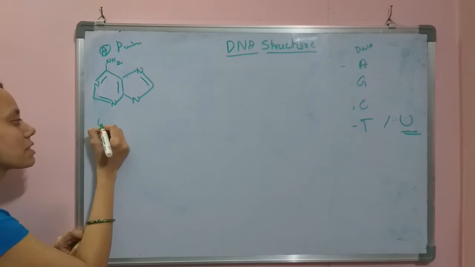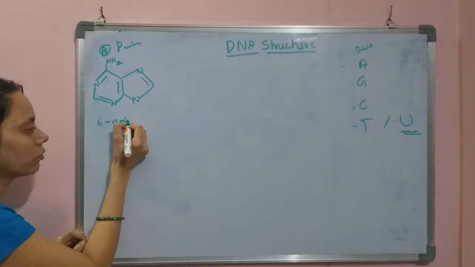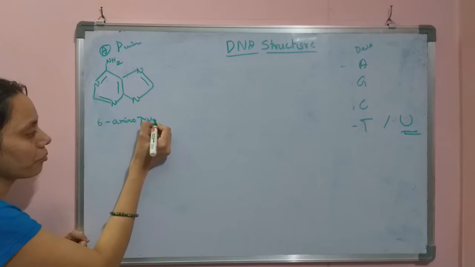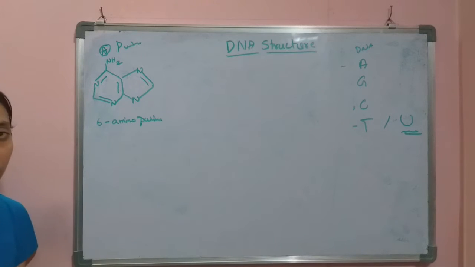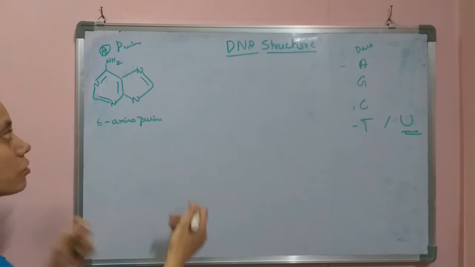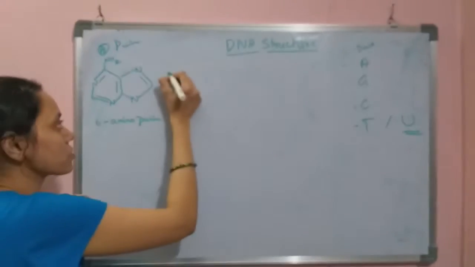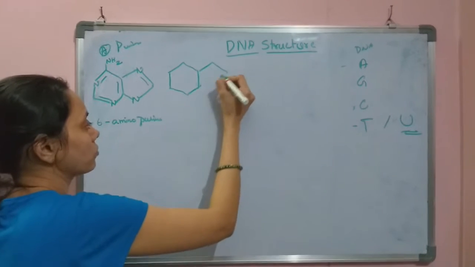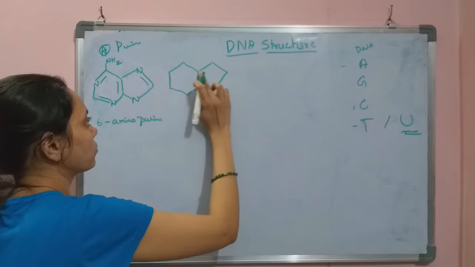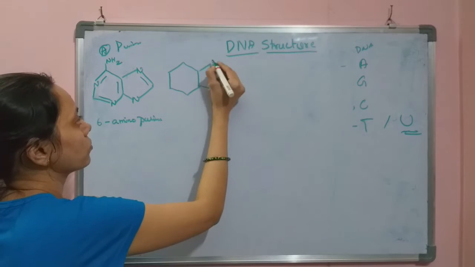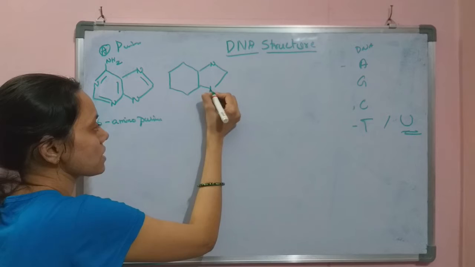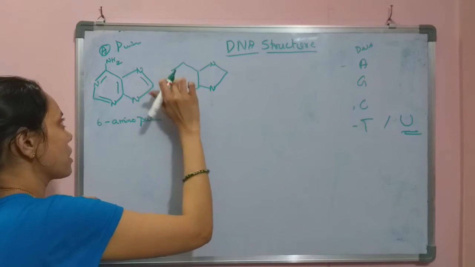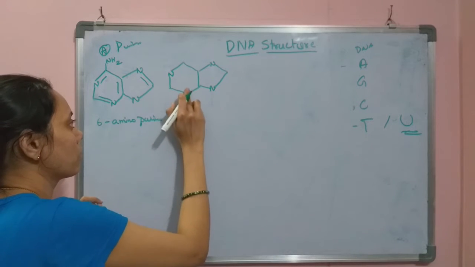This is 6 amino purine. So what about the guanine? Guanine is also a purine, so it has a similar structure. You will find nitrogens at 7 and 9, as well as 1 and 3.